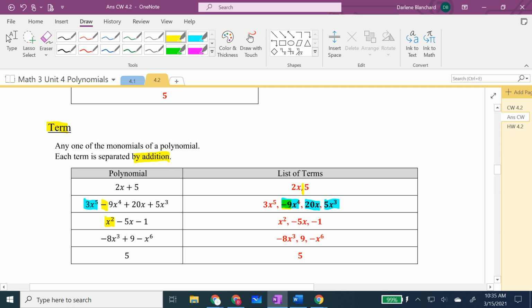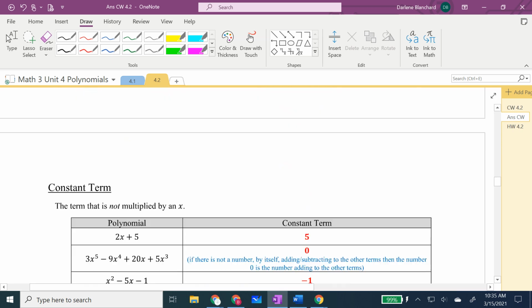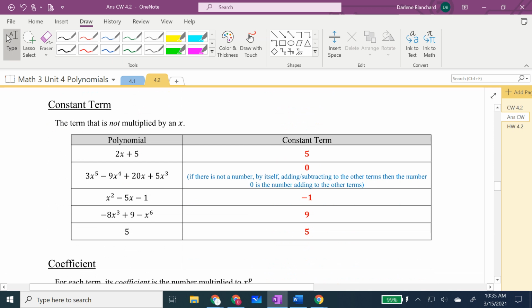It is being added by a negative 5x and then being added by a negative 1. And if you have a monomial, that monomial is the only term. And the answers are posted if you need to look at them a little bit slower. Now, the constant term, that's the term that is not multiplied by an x.